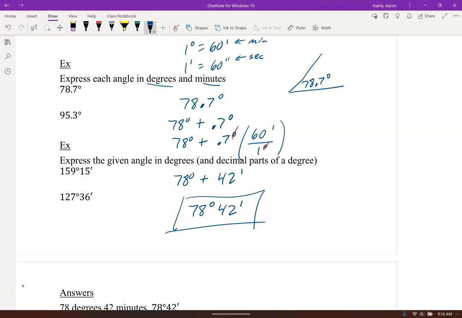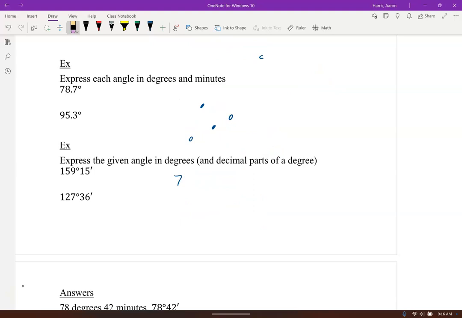Okay, do another one here, 95.3 degrees. Again, the 95 we're okay with.